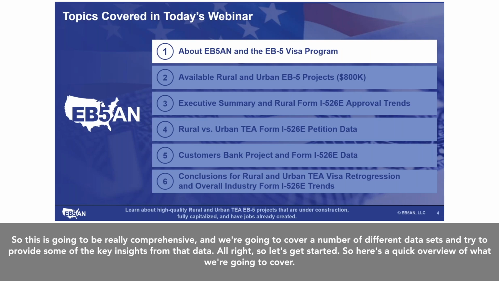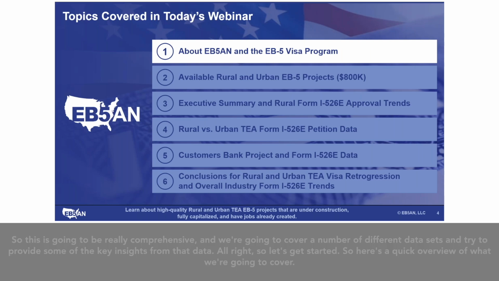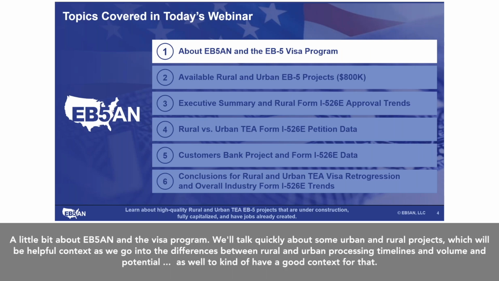So here's a quick overview of what we're going to cover, a little bit about EB5AN and the visa program. We'll talk quickly about some urban and rural projects, which will be helpful context as we go into the differences between rural and urban processing timelines and volume and potential as well.